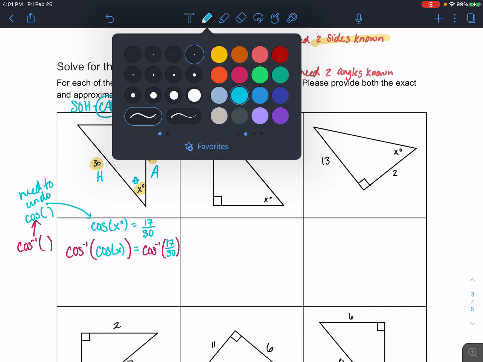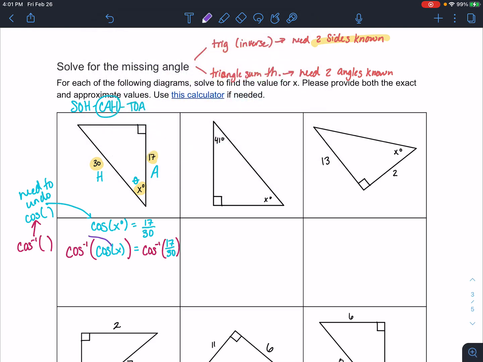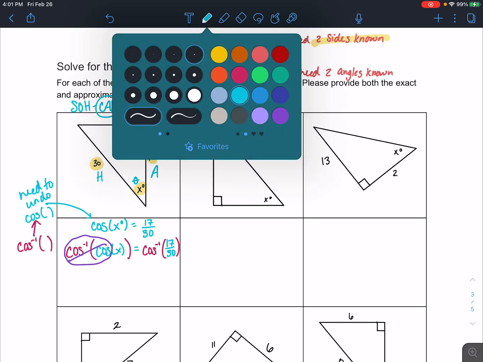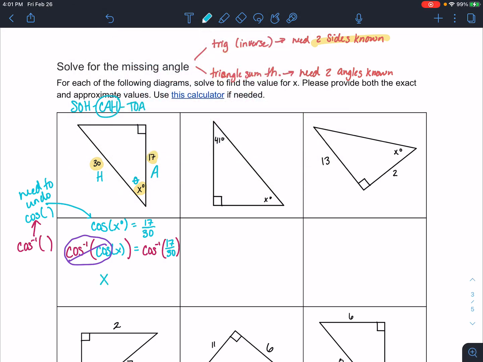The reason I'm doing this is because cosine and cosine inverse are functions that undo one another, which means in essence, they cancel out. They give us x by itself on the left side of the equation.